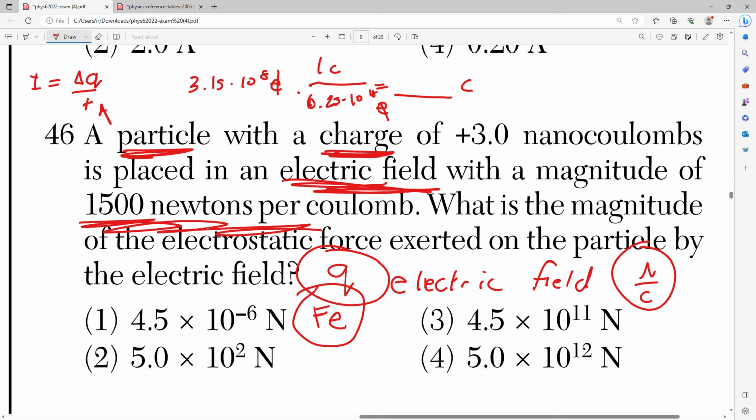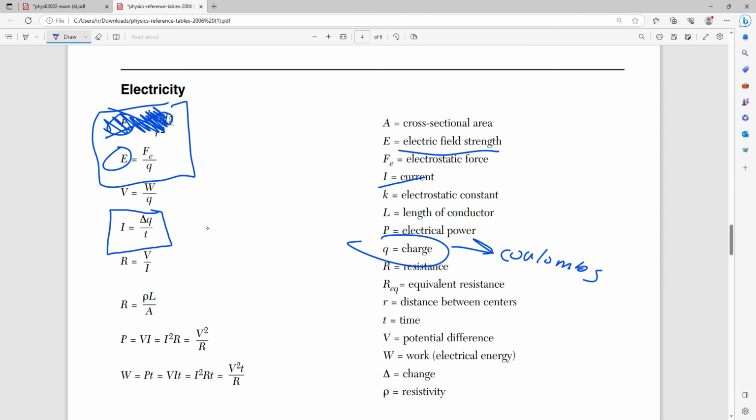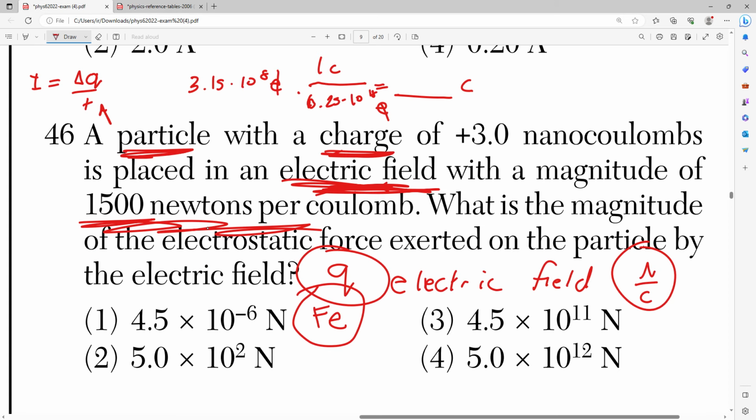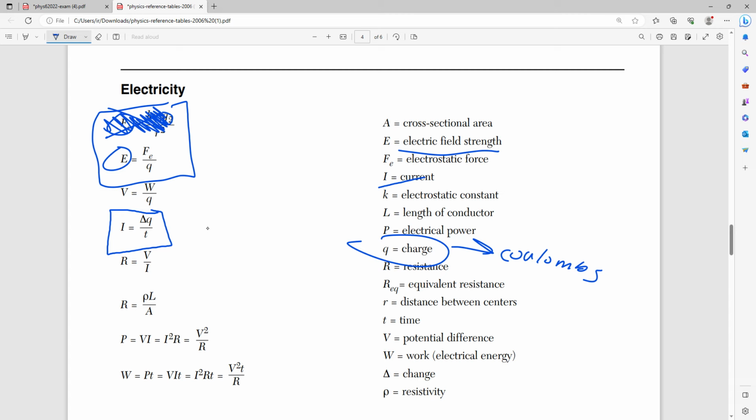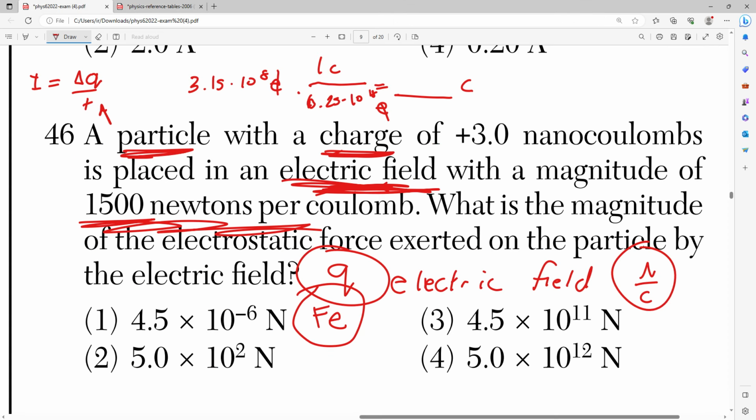Guess what? They give us the electric field strength, which is E, and they're asking us for the electrostatic force, which is Fe, force of electrostatic. You can find that here in this section, electrostatic force. And we're dividing it over Q, which is our charge, in coulombs.